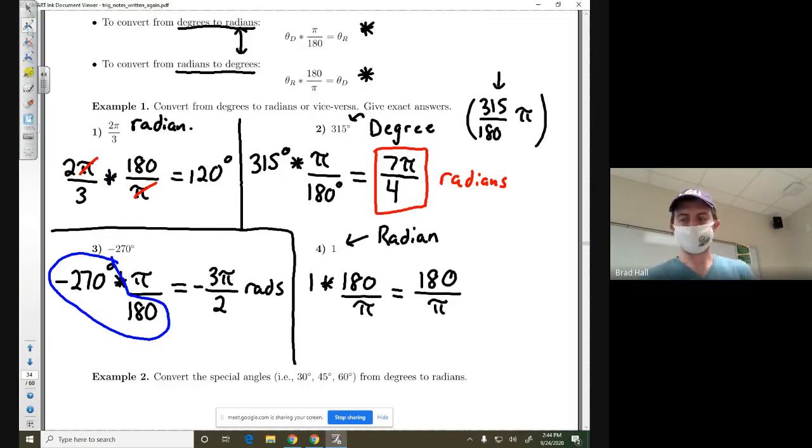If it were an exact answer, there's not really anything to do. This would be an exact answer, and then you would put degrees.